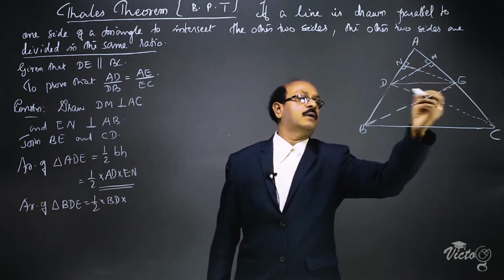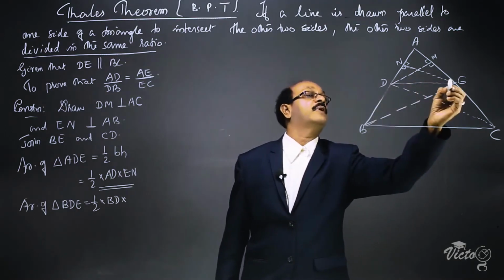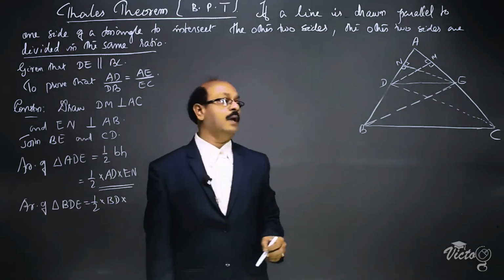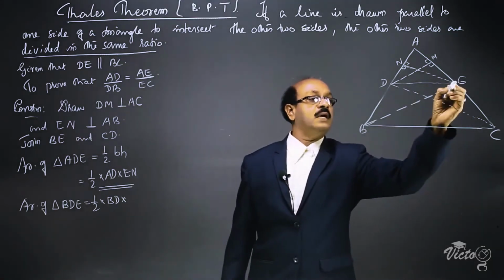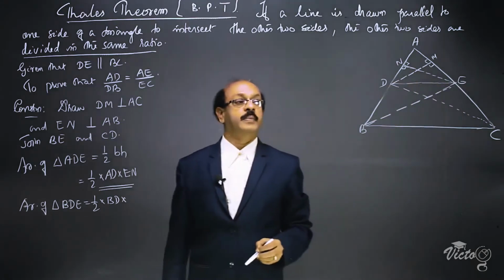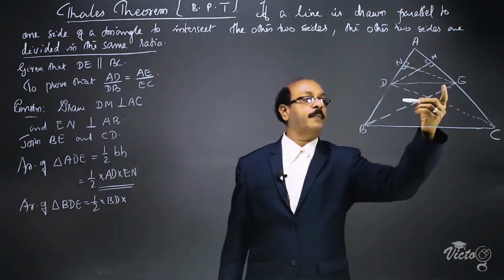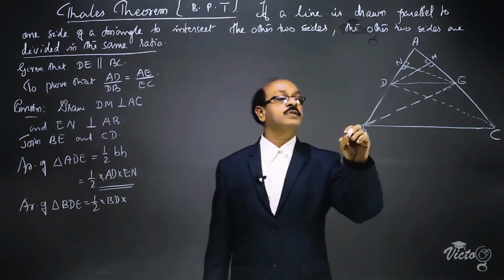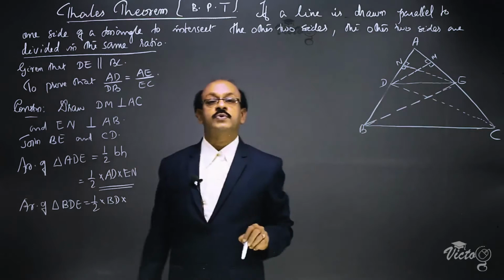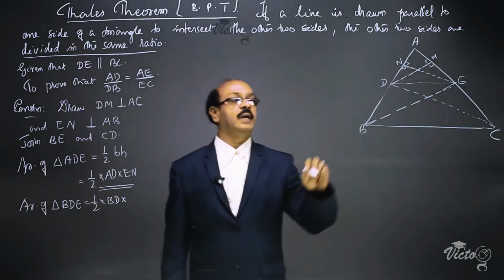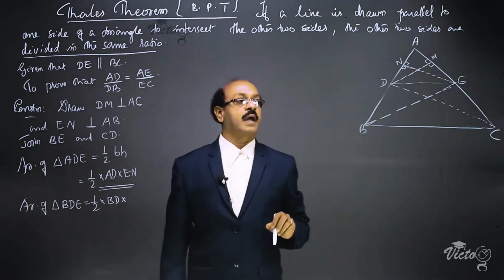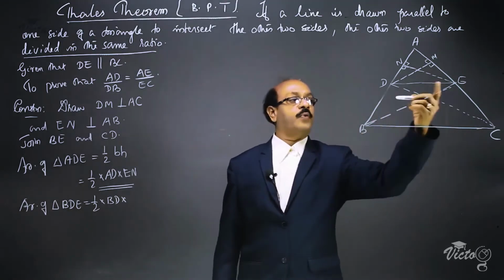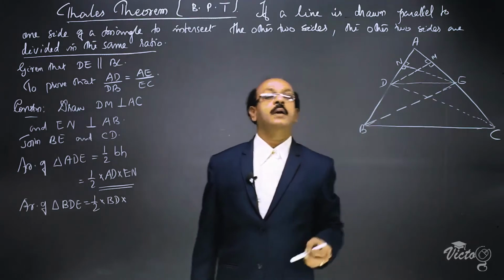This is the side BD and the opposite vertex is E. We are finding the area of triangle BDE, and the vertex E is opposite to side BD. We have to draw a perpendicular from E to the side BD, which is impossible because BDE is an obtuse angled triangle. As BDE is an obtuse angled triangle, we can't draw an altitude from the vertex E to the side BD.